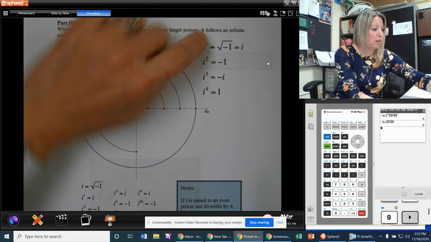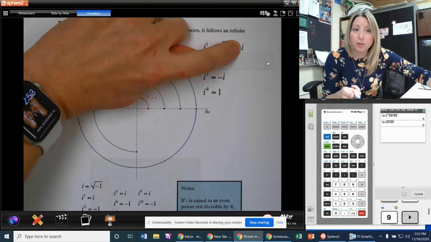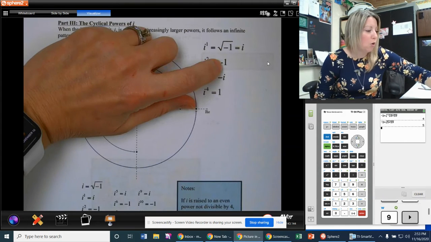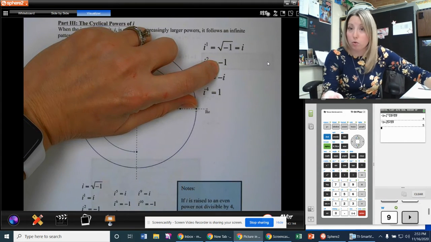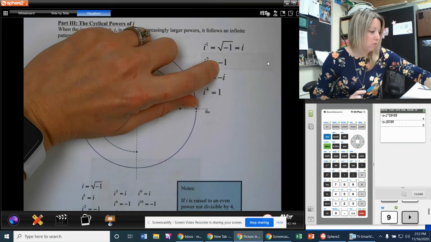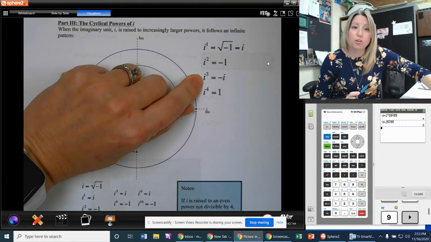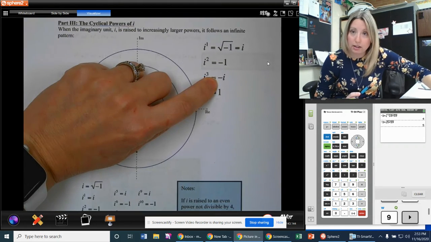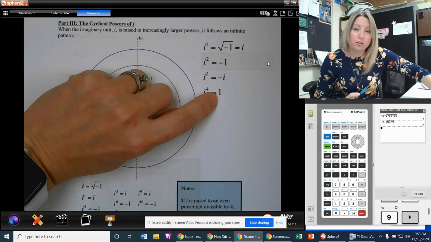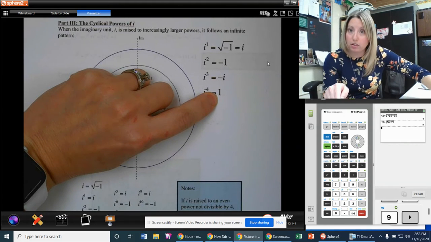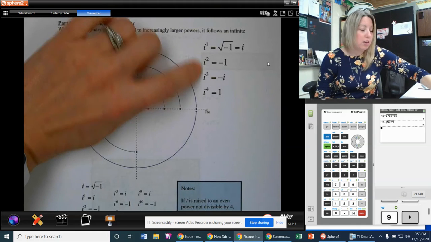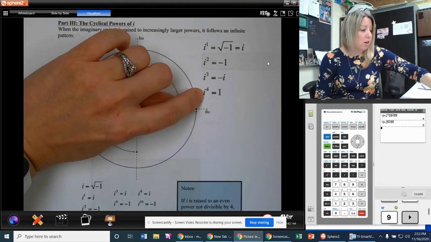It's either I, that's I to the first power, or it's I squared as a negative 1. So notice an integer came out. Or it's I to the third gives me a negative I. Or it's I to the fourth gives me a positive 1. Notice again, an integer came out. So with the evens, integers come out.